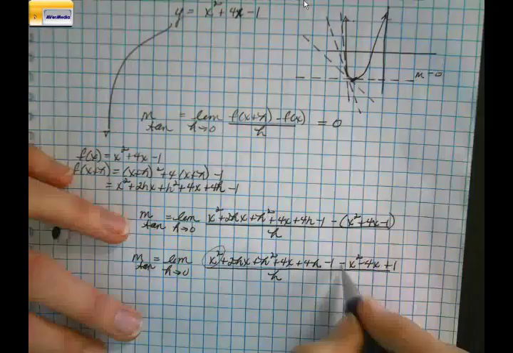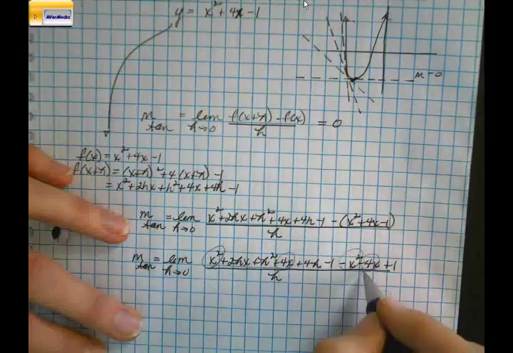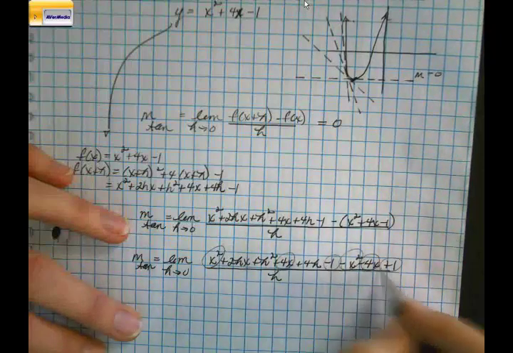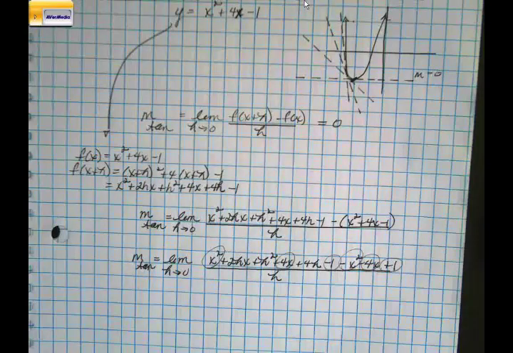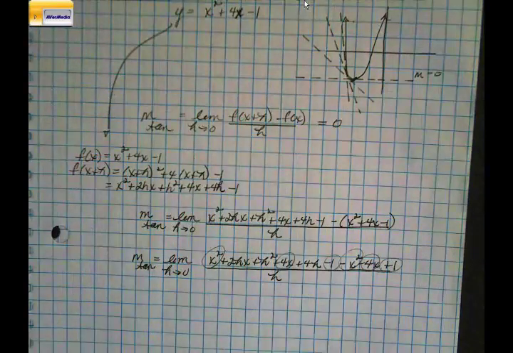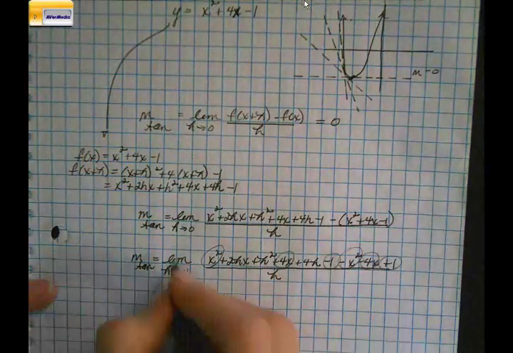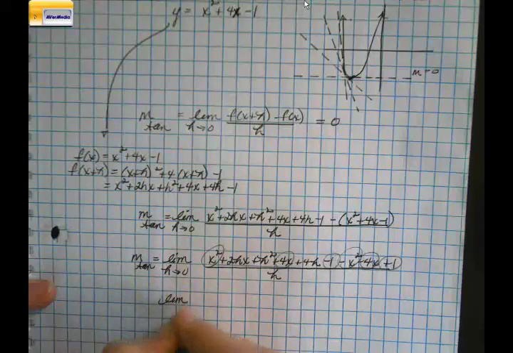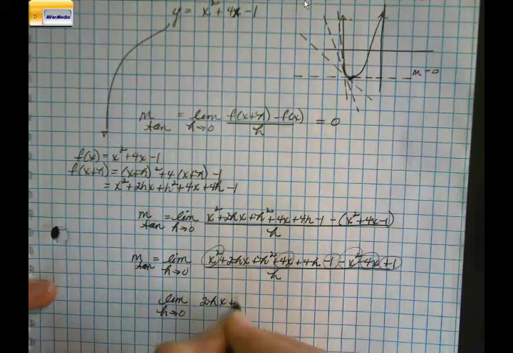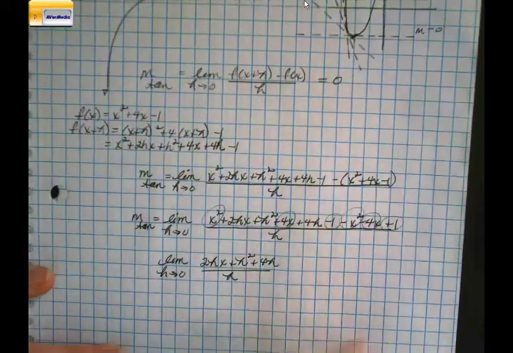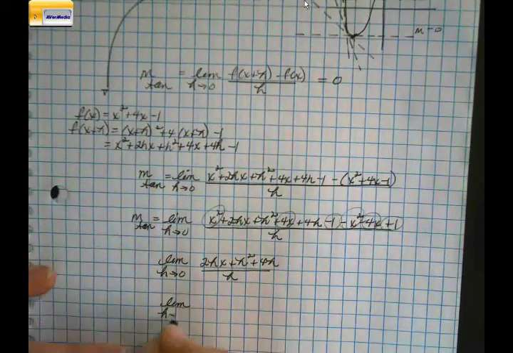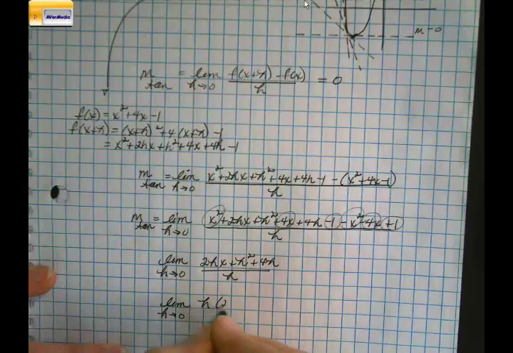The x squared is gone, the 4x is gone, and the 1 is gone, and all that's left are terms that have h in them, which is what you're expecting to happen. So this becomes the limit as h approaches 0 of 2hx plus h squared plus 4h all over h, which factors beautifully into h times (2x plus h plus 4) over h.